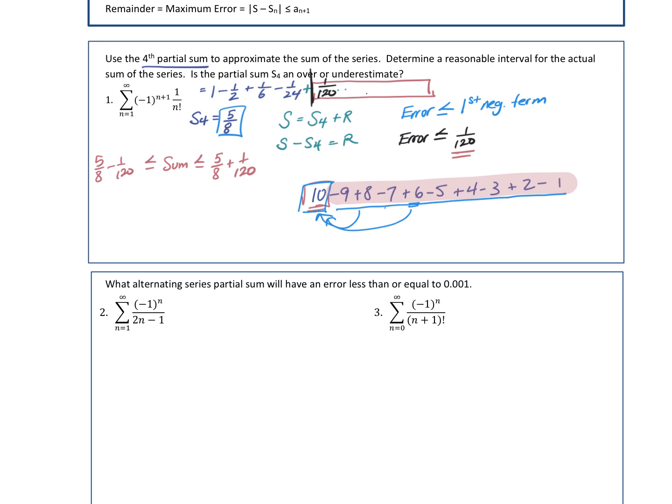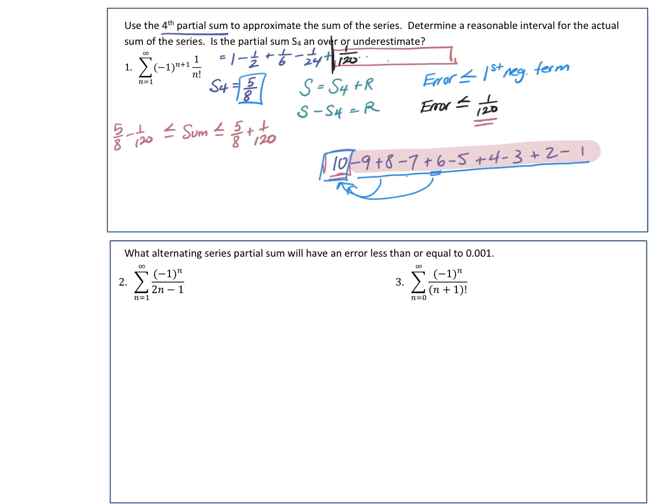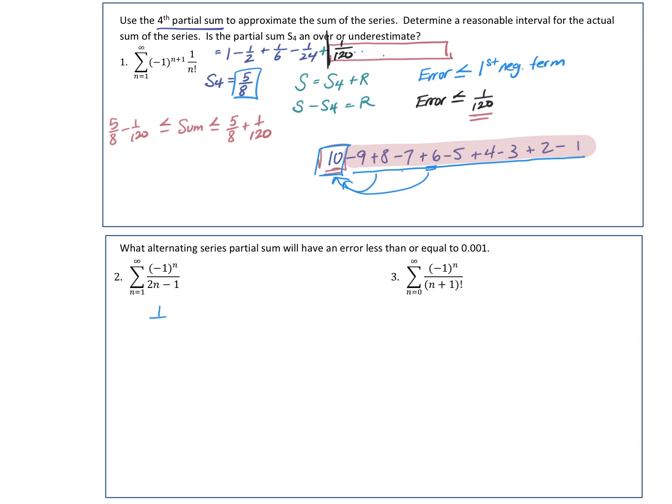What alternating series partial sum will have an error less than or equal to 0.001? For a lot of these, it's best to just guess and check. So I have my a sub n, and I need that to be less than or equal to 0.001, which is 1 over 1,000.